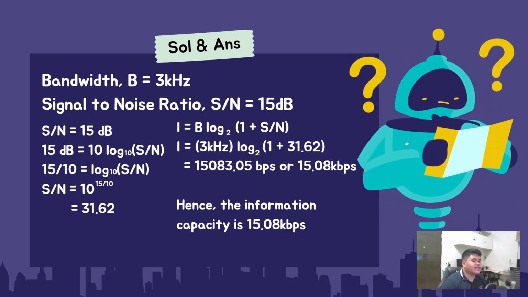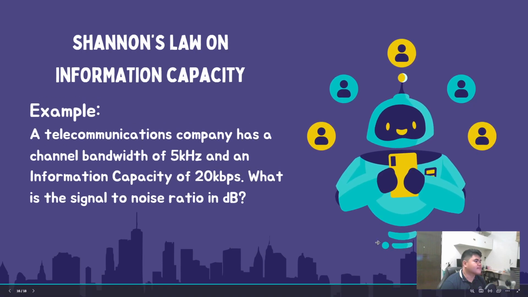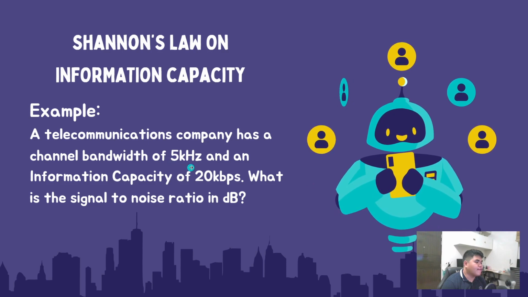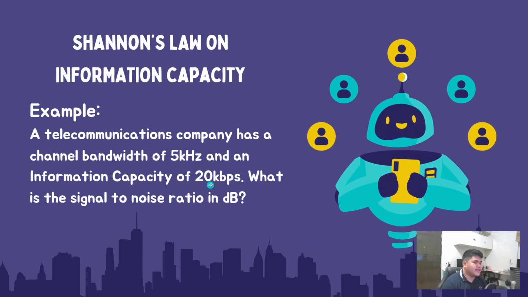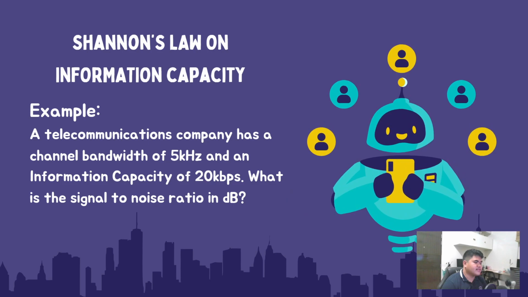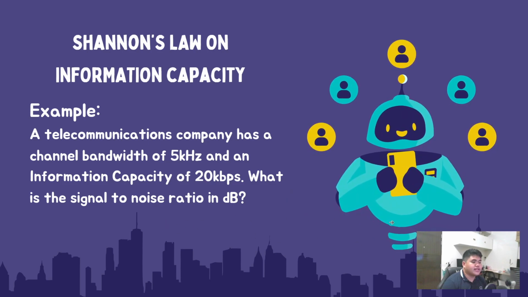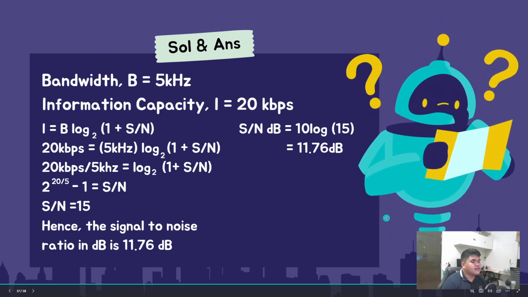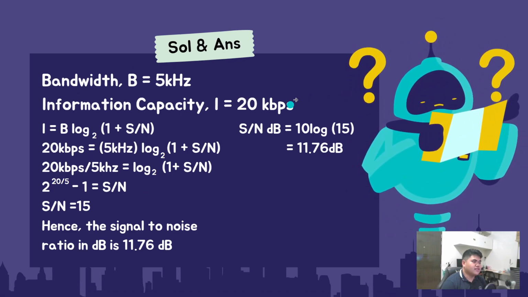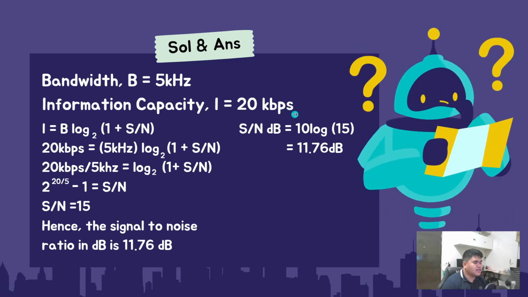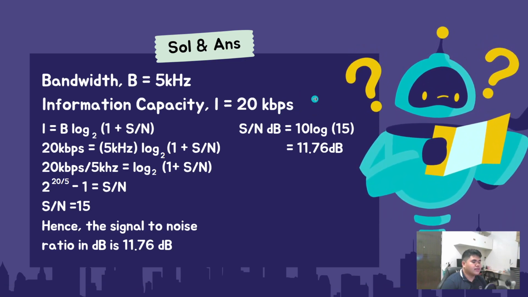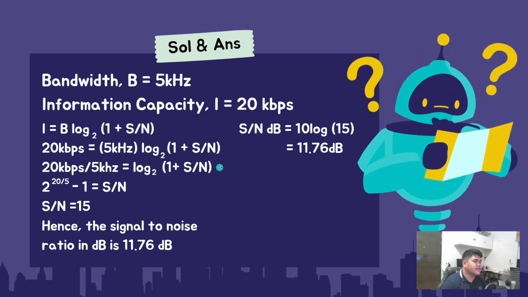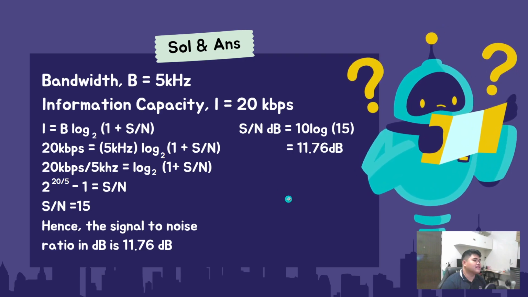Now we move to the next and last question. A telecommunications company has a channel bandwidth of 5 kHz and an information capacity of 20 kbps. What is the signal-to-noise ratio in decibels? To solve for this, first we have to know the given values, which is bandwidth and information capacity. The thing that the problem requires is the signal-to-noise ratio in decibels.